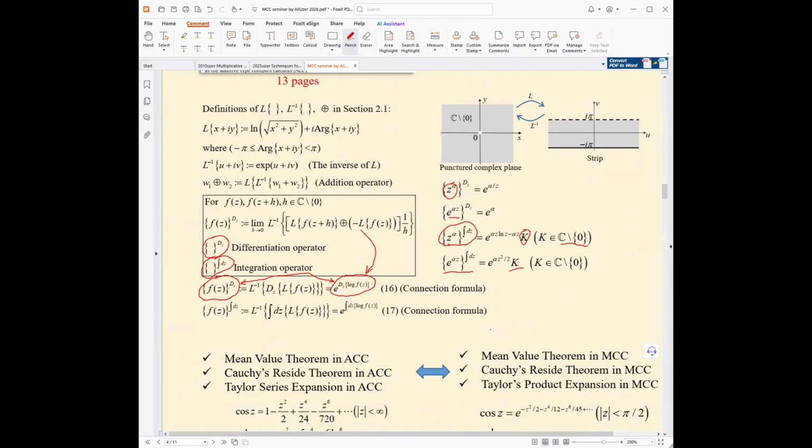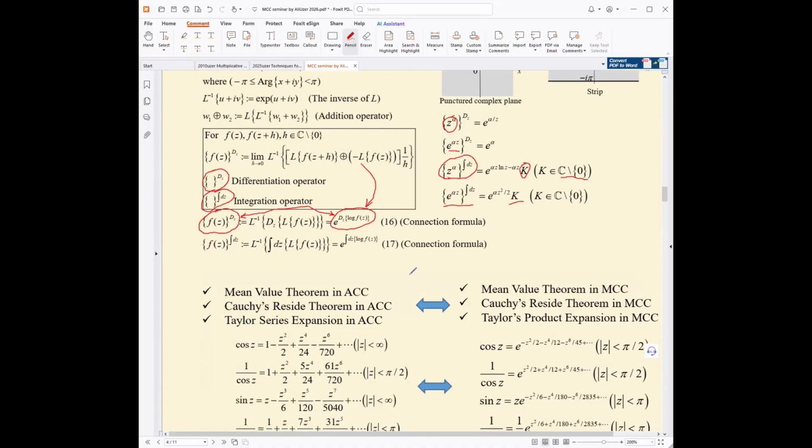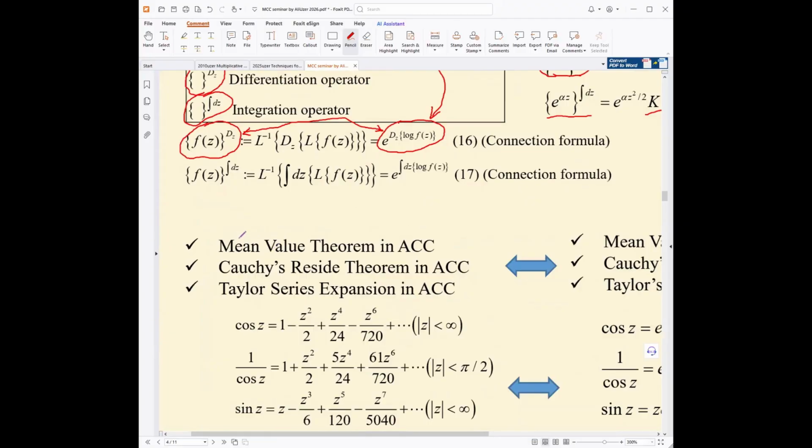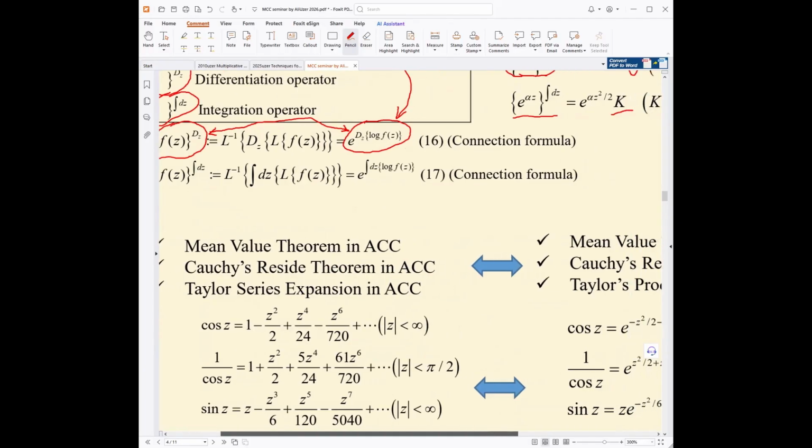The remaining parts, I will show you some applications and some comparisons. Let's see the corresponding theorems like the mean value theorem in normal calculus, Cauchy's residue theorem, and Taylor series expansion theorems.